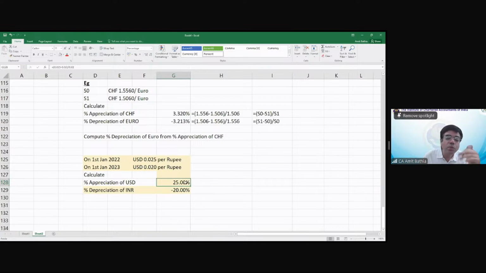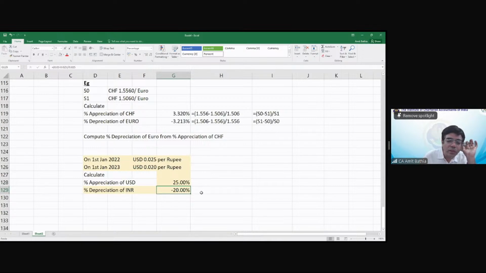It has to be more than 20%, because percentage appreciation in a currency has to always be higher than percentage depreciation in another currency. Similarly, if you have already calculated the percentage appreciation of USD, then you know for a fact that the percentage depreciation of INR has to be less than 25%. It can't be 25% or above. If you're getting an answer which is higher than that, that is definitely wrong.